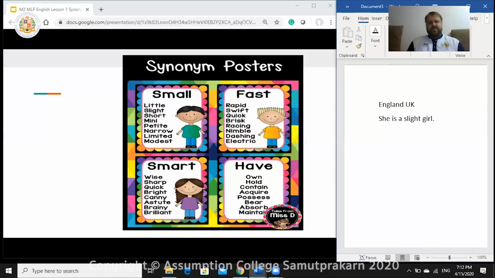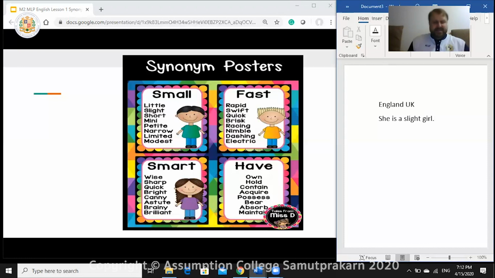It means she's very small in her waist. Short is talking about small in height. Somebody is not tall, very short. So short means small in height.